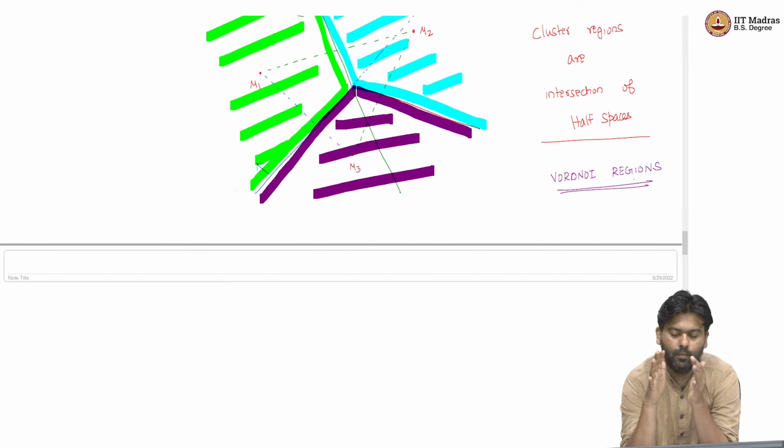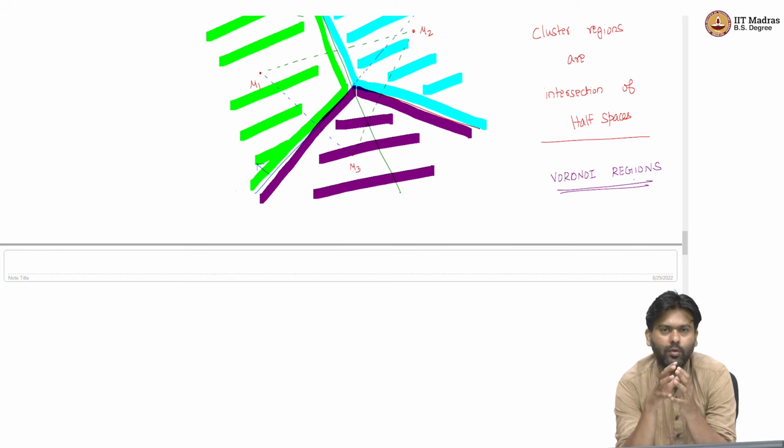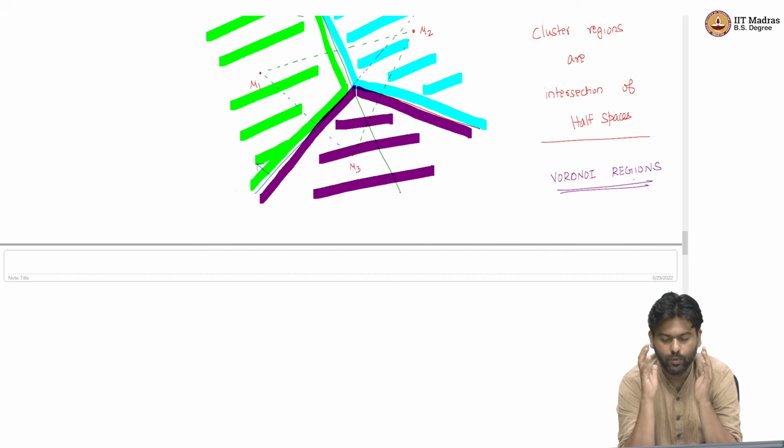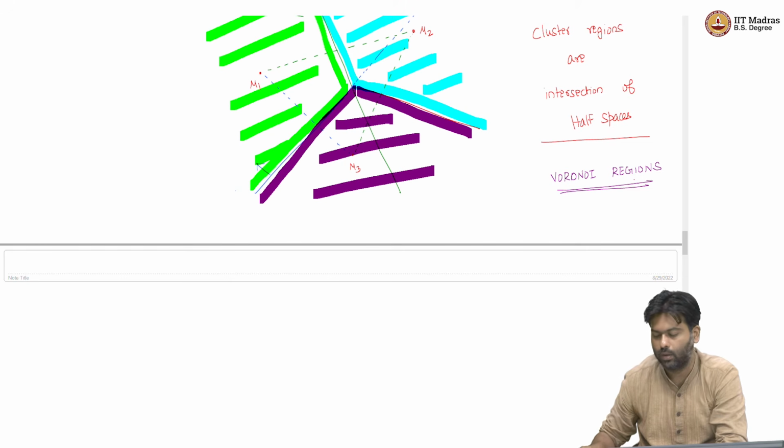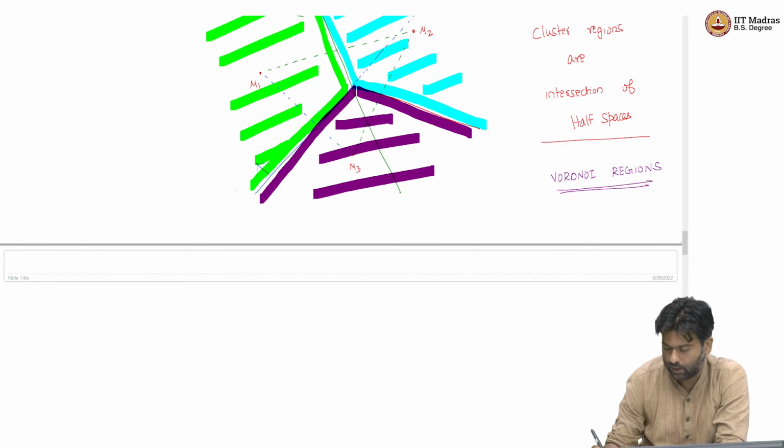Basically, your Lloyd's algorithm is trying to find the best, in some sense, Voronoi partition that will lead to, in some sense, the best cluster, right? So necessarily, the points assigned to each cluster should be part of a Voronoi region. That's what this argument finally says, right? So this is the comment that I wanted to make about the nature of clusters.